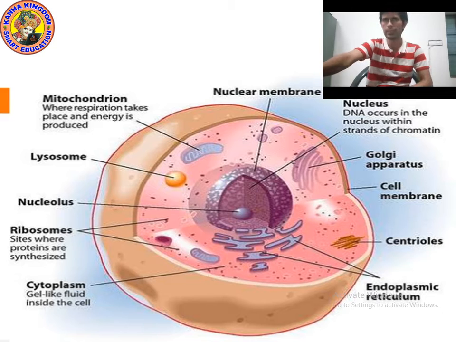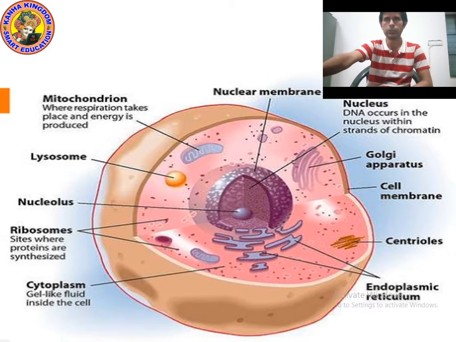The center part is the nucleus, and the most outer part is the cell membrane, and the outer part of the nucleus is the nuclear membrane.